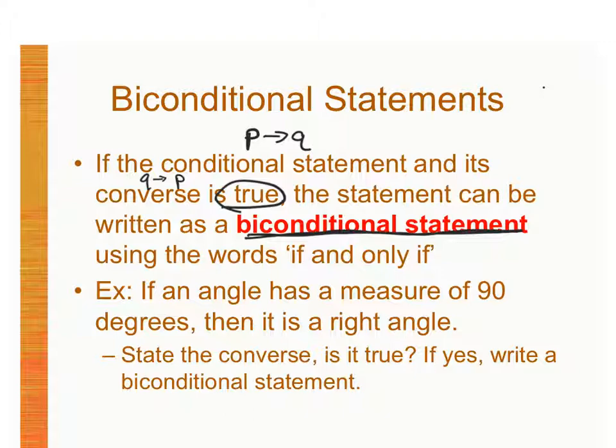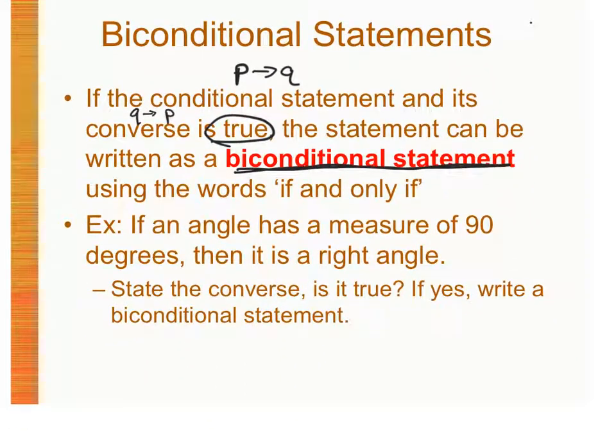So let's look at this statement right here. If an angle has a measure of 90 degrees, then it's a right angle. First of all, is that a true statement, that if an angle has a measure of 90 degrees, then it's a right angle? Yes, that is definitely true.